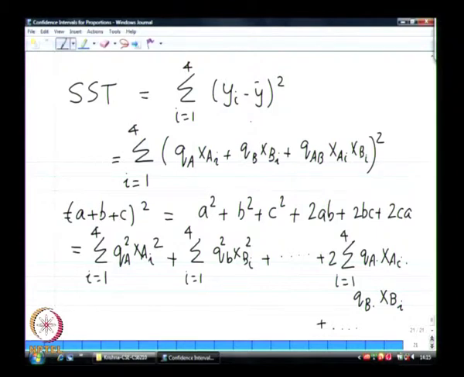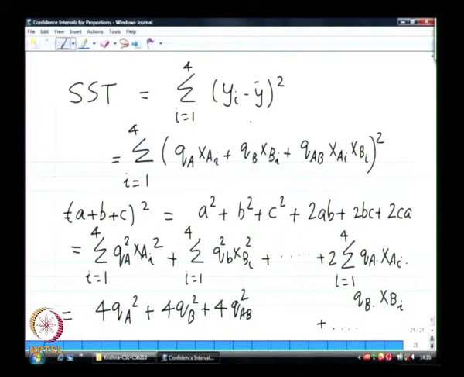So how does this simplify now? qa squared comes out and xai squared is simply 4, we saw that, right. So 4 qa squared plus 4 qb squared plus 4 qab whole squared. That is the first 3 terms, right, from the a squared plus b squared plus c squared you get qa squared into 4 plus qb squared into 4 and so on.